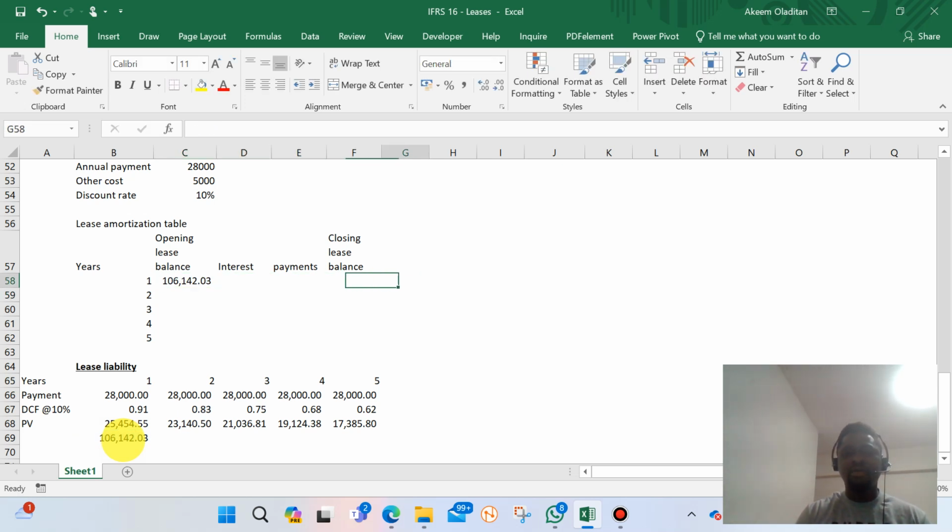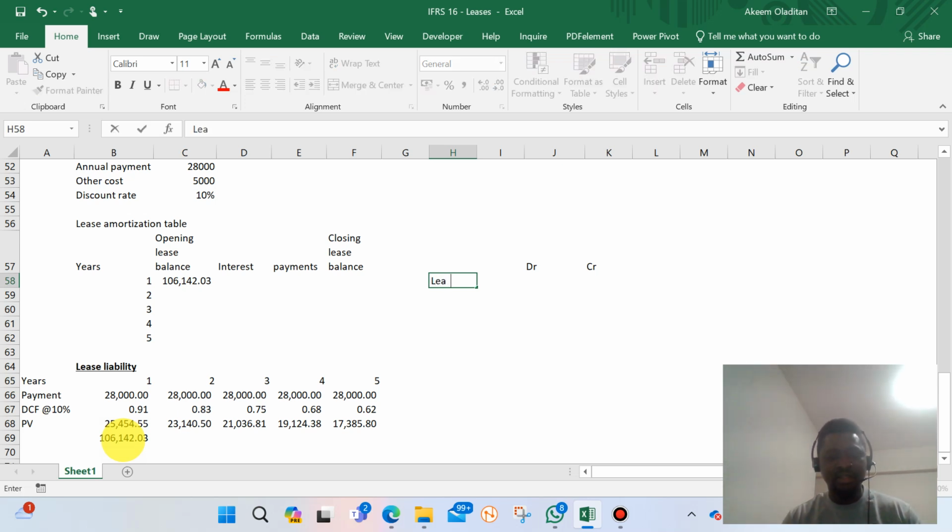So while we're doing that, I would like to make a debit and credit entry somewhere here. Let me say this is debit, this is credit. So the first thing to do from here, so that we'll not lump it up, is to look at what the lease liability is. How do we post it in the books? So lease liability, that is beginning.